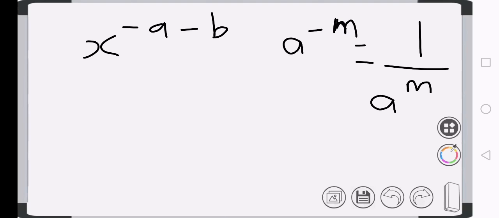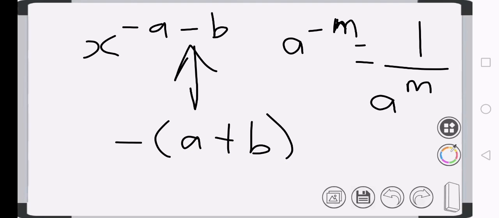Now, we know that there is a negative sign here, so it will be negative, this part is the same as negative a plus b.